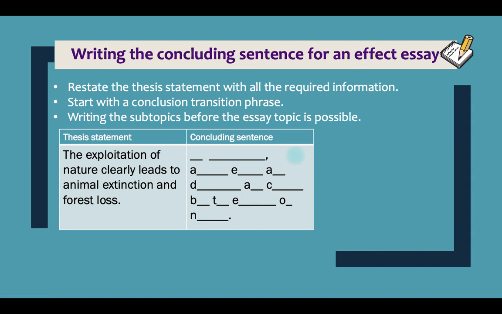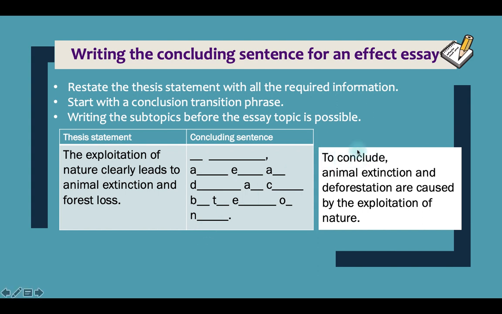And I will give you a hint that because we are changing the order of the subtopics and essay topic, we will need to use a passive verb. So think about that as your passive form. Pause the video if you need to finish. And now we'll go on and look at the sentence.